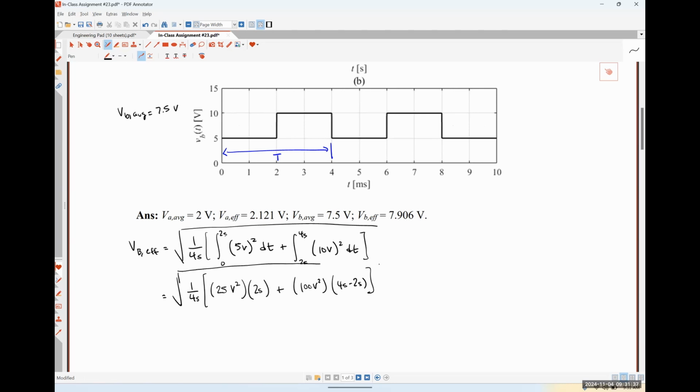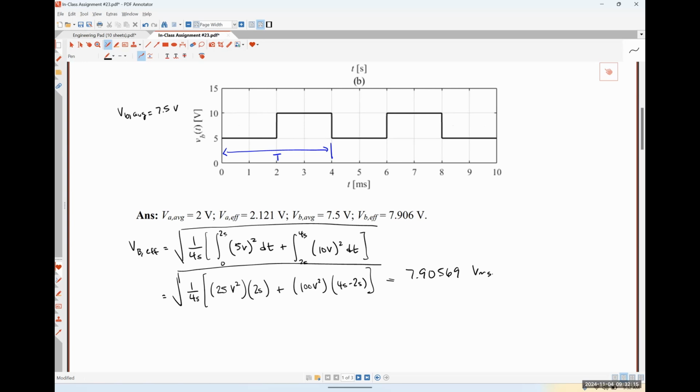And I think that is enough where I can just throw it in my calculator. So let's see. 25 times 2 plus 100 times 2, all of that over 4. Take the square root. 7.90569 volts RMS. Any questions, comments, or concerns? Okay.